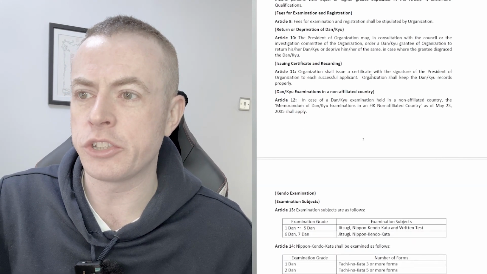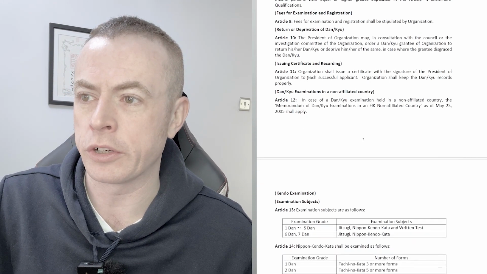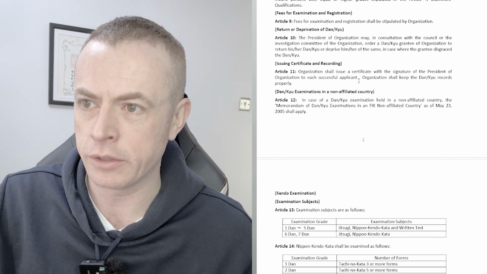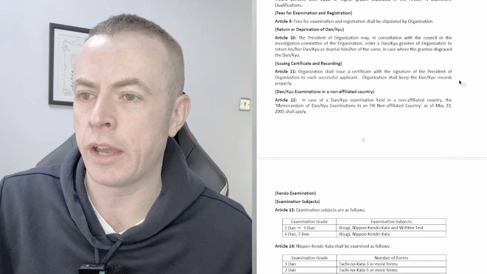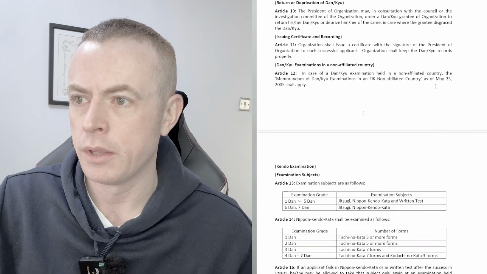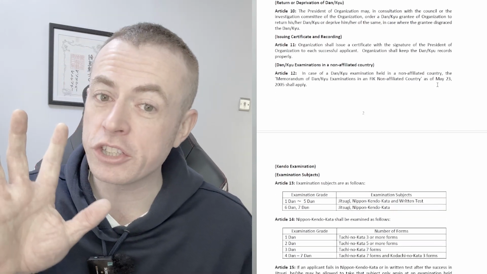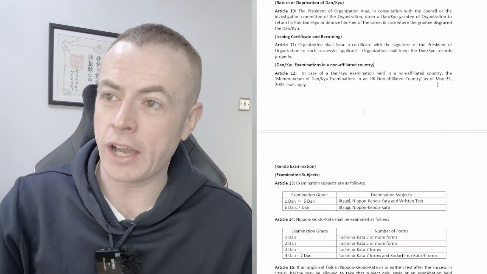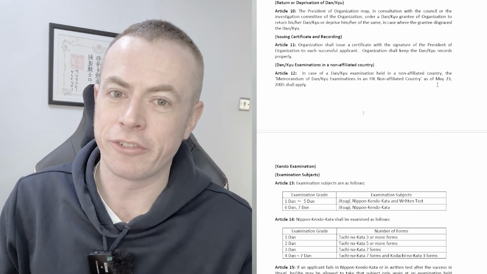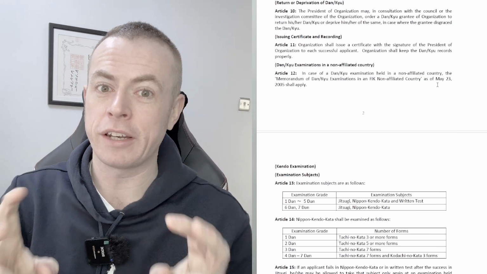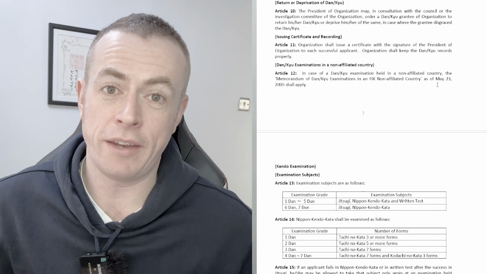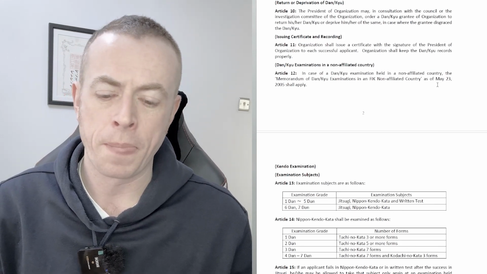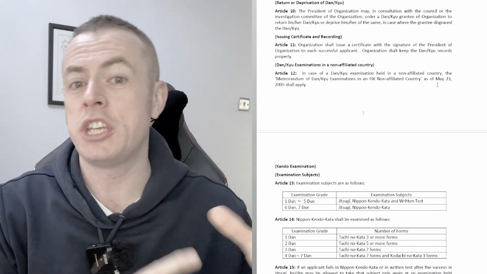The organisation shall issue a certificate with the signature of the president of the organisation to each successful applicant. The organisation shall keep the Dan and Q records properly. And then again, these are just guidelines. So don't be freaking out if, in the UK for example, right now in its current format, we don't technically have a president. We have a chairman, right?